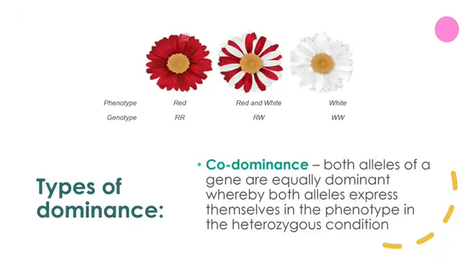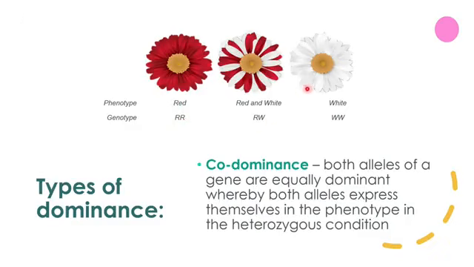Once again, we've got a red flower and we've got a white flower. But in this case, this characteristic is dominant, the white one, as well as the red one. So we won't find an intermediate condition.